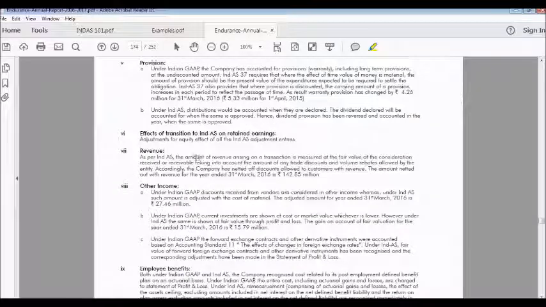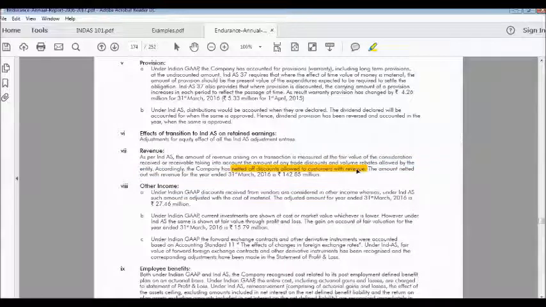If you check note number 7, revenue, the explanation is this: as per Ind AS, the amount of revenue arising on a transaction is measured at the fair value of consideration received or receivable, taking into account the amount of any trade discount and volume rebate allowed by the entity. Accordingly, the company has netted off discount allowed to customers with revenue.